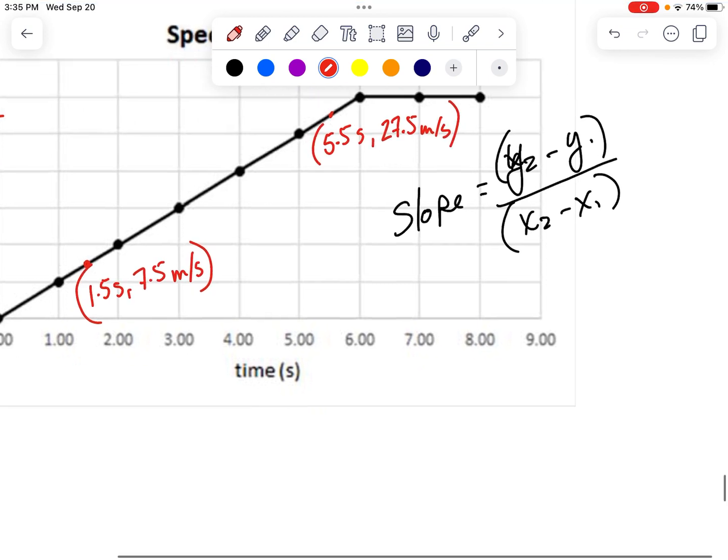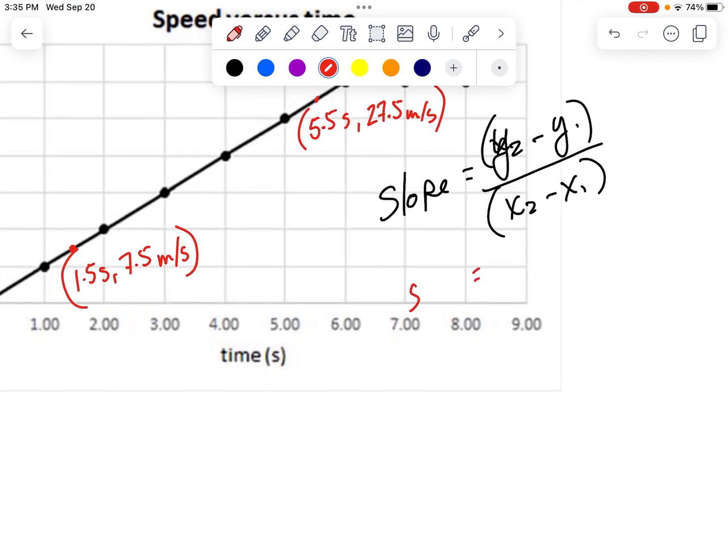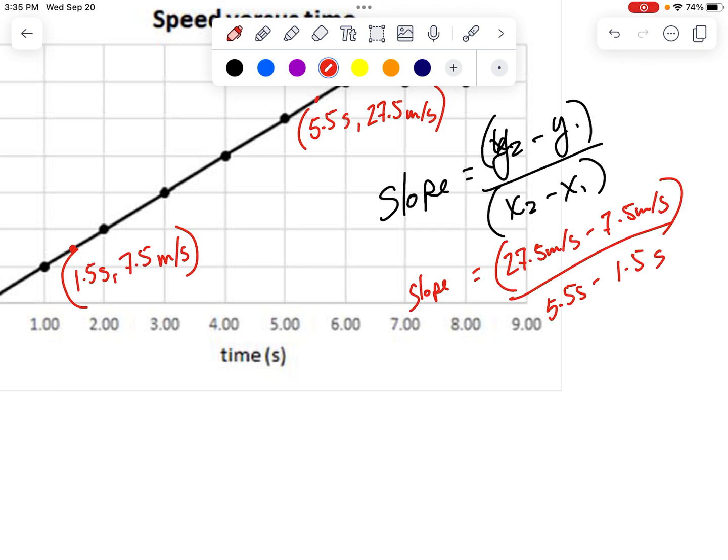If I fill this in to find the slope on this graph, I'm going to get my 27.5 meters per second minus my 7.5 meters per second divided by 5.5 seconds minus 1.5 seconds. And so I'm going to get 20.0 meters per second divided by 4.0 seconds.